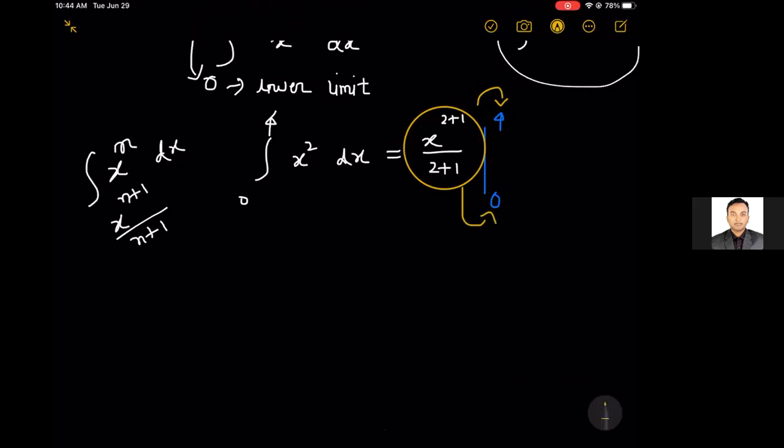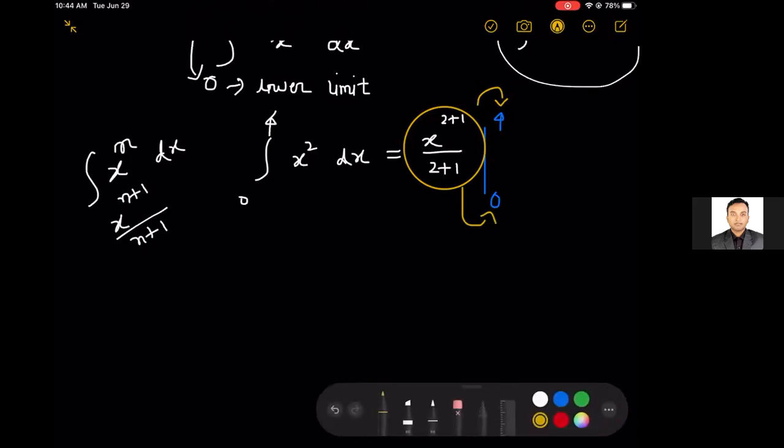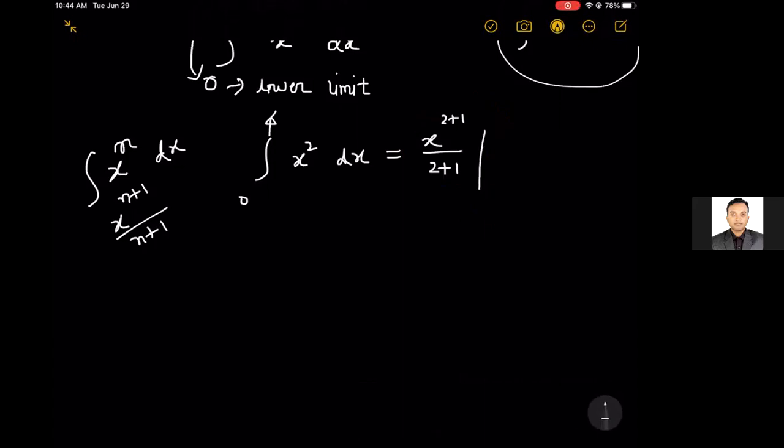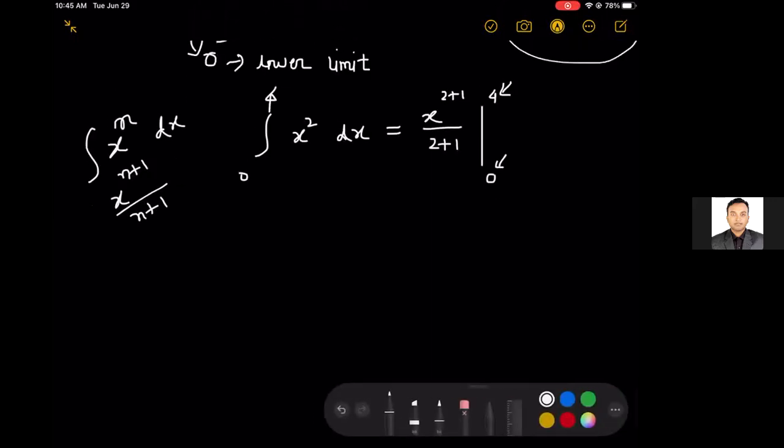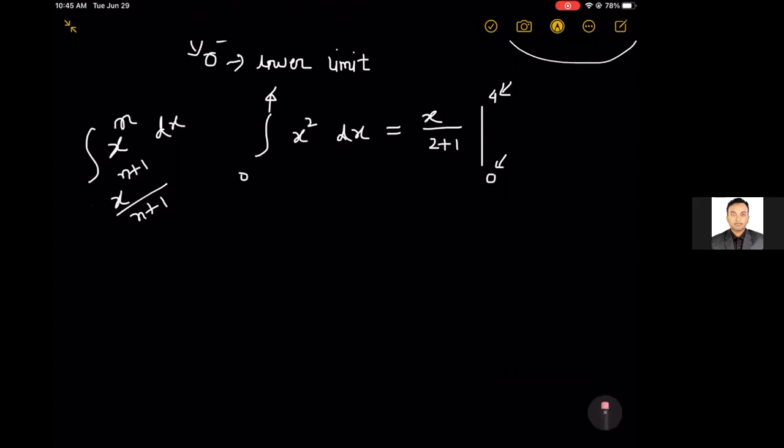Okay, so that means if I do that again, you just write a vertical line like this and write the limits in its respective place. Okay, that means you are evaluating this antiderivative at these points. Now, how to do that? Before that, let me simplify it just a little bit.